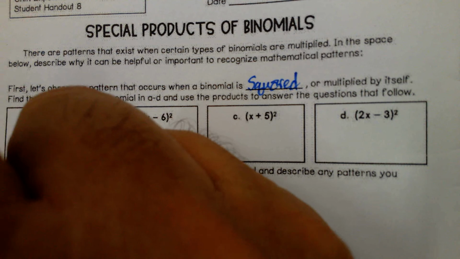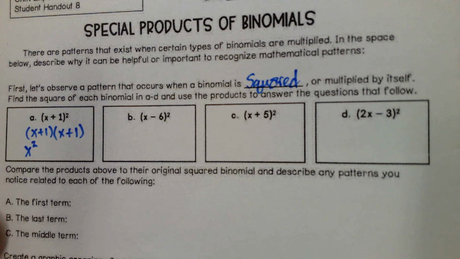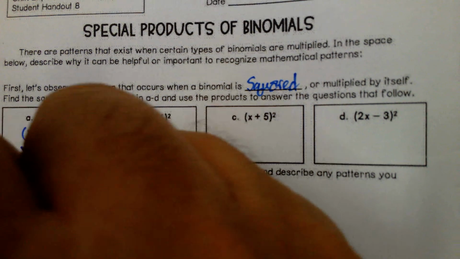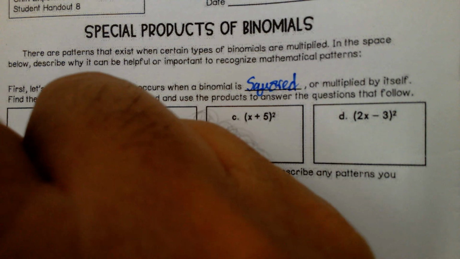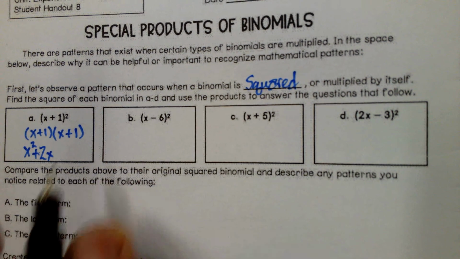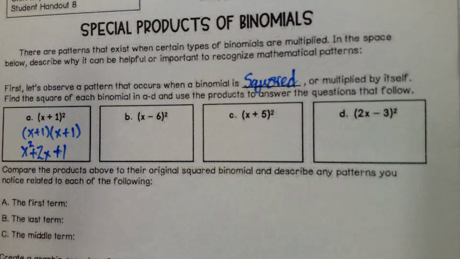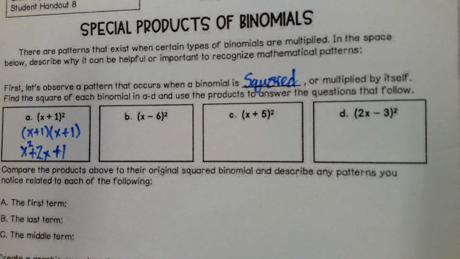So first, outside is x, inside is x. Add those up, that's 2x. And then last is 1. That's usually how I do it mentally. I do the outside and inside in my head, get the sum, write it in. Okay, so we got that.